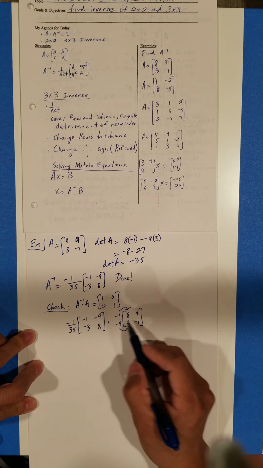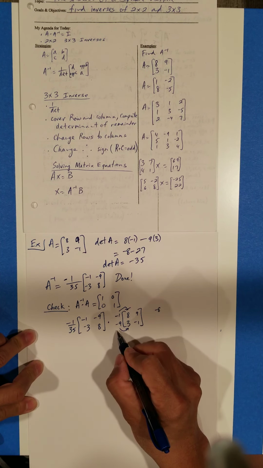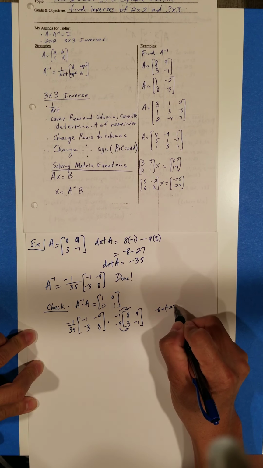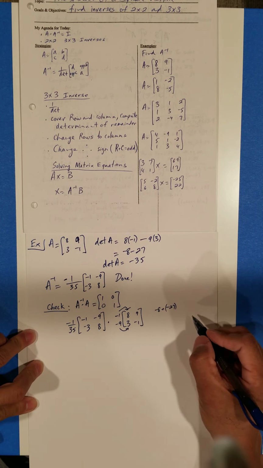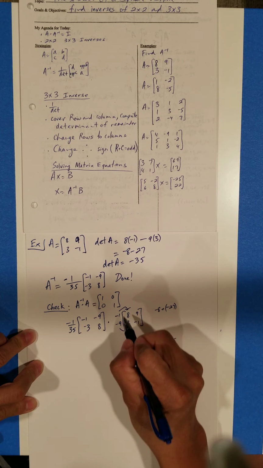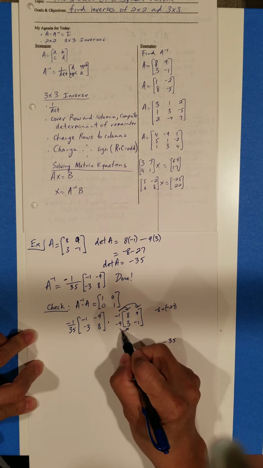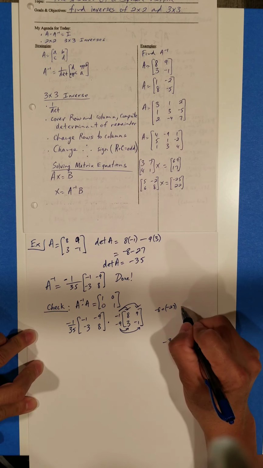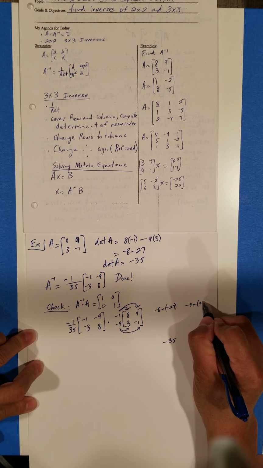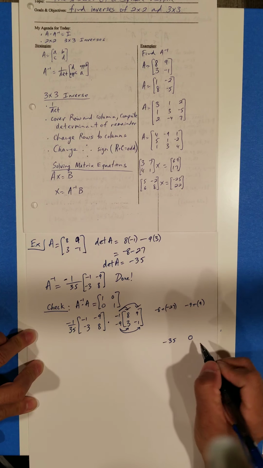Remember that? So you get -8 and add -27. So now my answer is -35. When I reach over here, second column, I'm going to get -9 and add 9. So when I do that, I get 0.